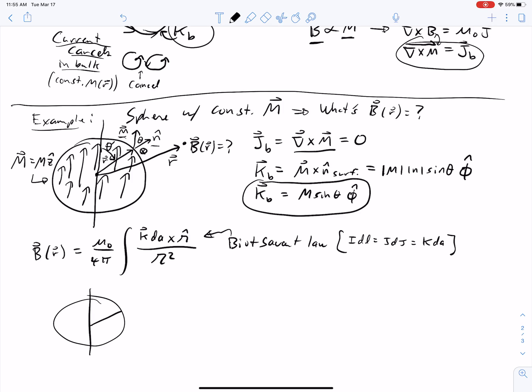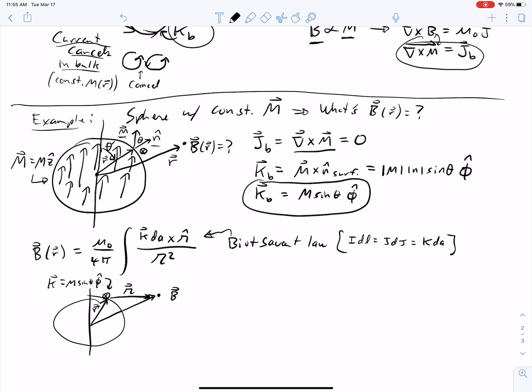And now, if I want to figure out the B field at this point, I only have to figure out the contributions from the surface current. I've converted the problem into a new problem where at this point I have a current K equal to M sine theta phi hat.